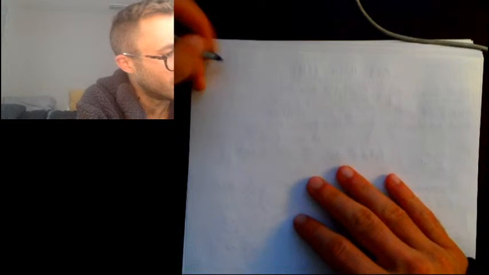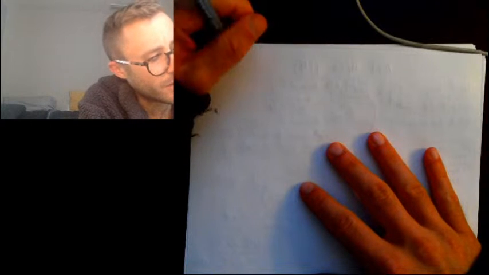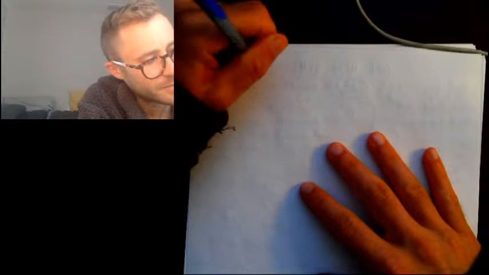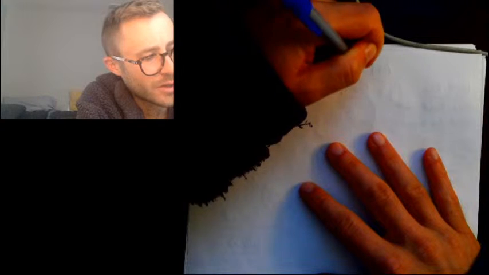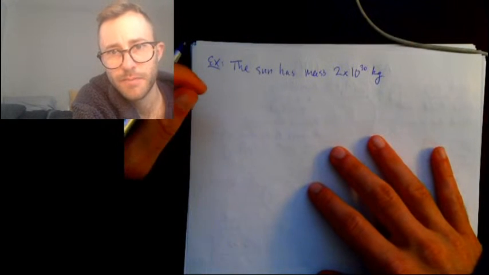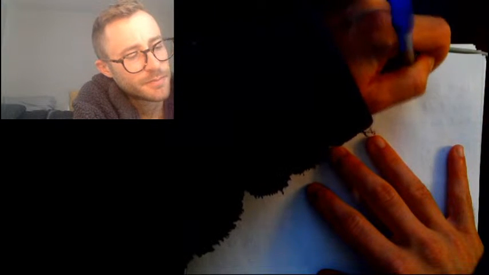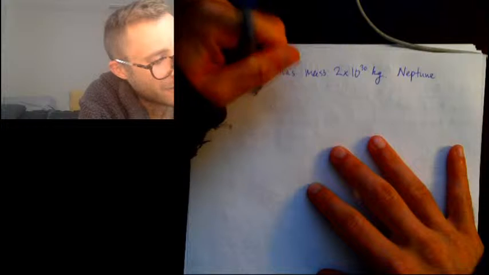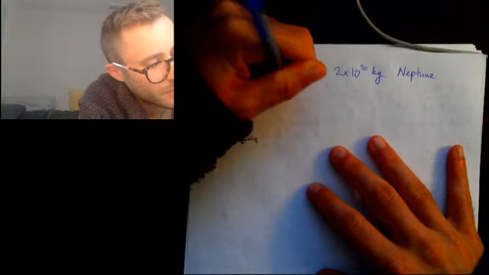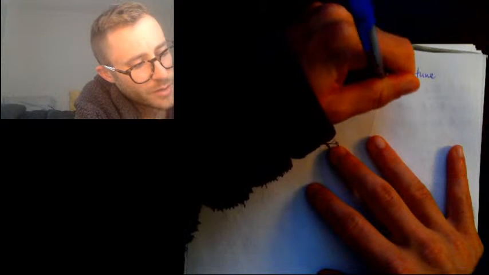Okay, so let's do an example. The sun has mass 2 times 10 to the 30th kilograms. Okay. Neptune orbits 30 astronomical units away from the sun.